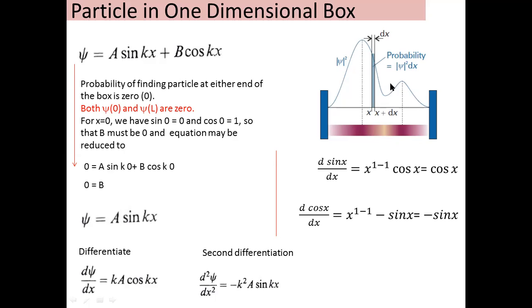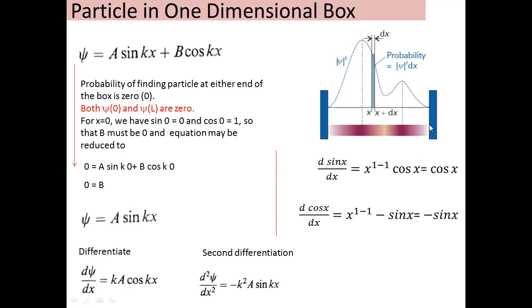If you consider this wave, the dark shade is here, and this gives you the probability of finding the electron under this peak. That means the maximum probability is over here, and the minimum or zero probability will be at the end of the box, that means at the starting point and at the end of the box. Here you can see there is no shade over here.